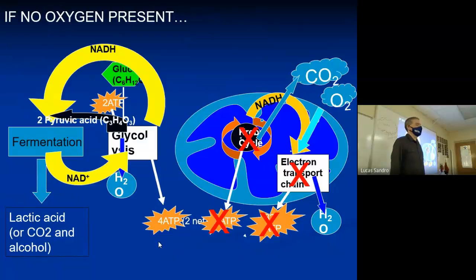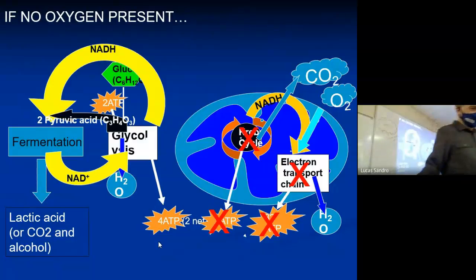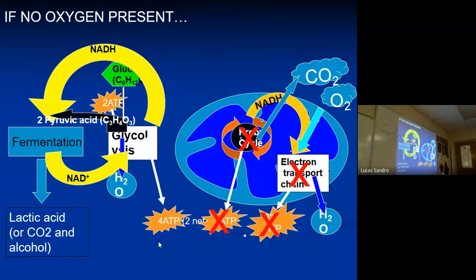So after this whole fermentation process happens, does that NAD plus go to the electron transport chain? No, NAD plus goes back to glycolysis. It gets turned into NADH again and then goes back to fermentation. Until the lactic acid builds up so much that you have to stop, that's what's happening.